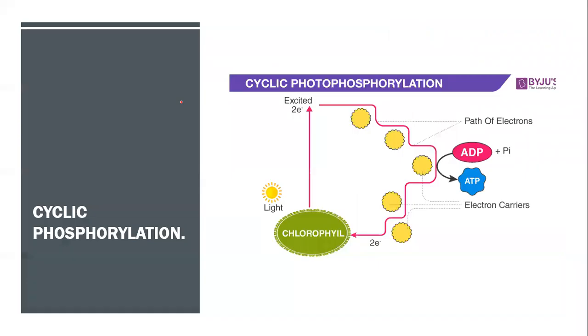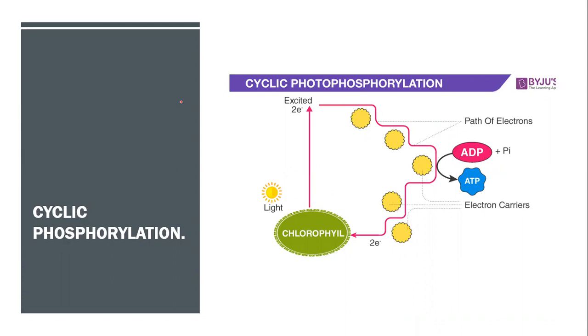So this is what is happening in cyclic photophosphorylation. We have our chlorophyll. Light energy is going to fall onto the chlorophyll molecule. Inside the chlorophyll molecule, we have what?